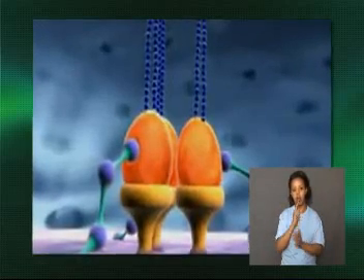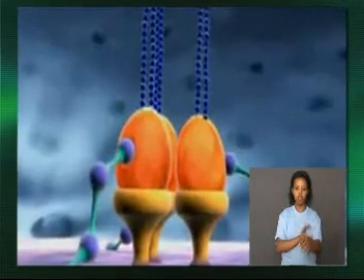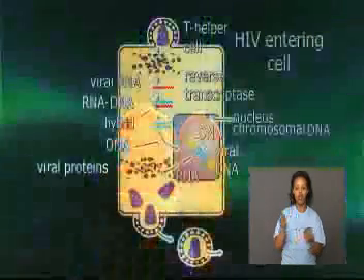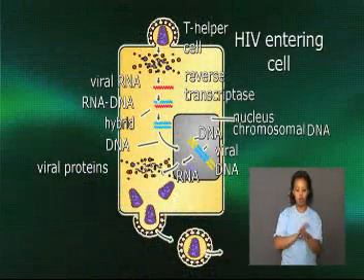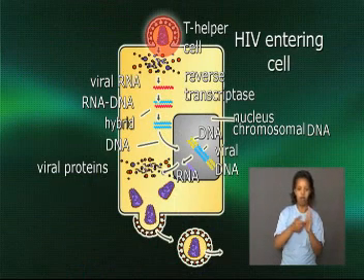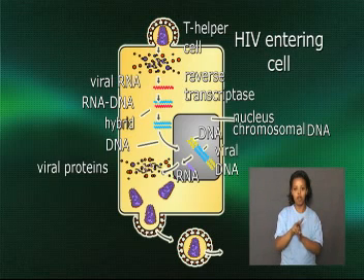Once HIV has penetrated the cell membrane, it is ready to release its RNA into the cell. The viral RNA is protected in the nucleocapsid. The nucleocapsid needs to be dissolved so that the virus's RNA can be converted into DNA.